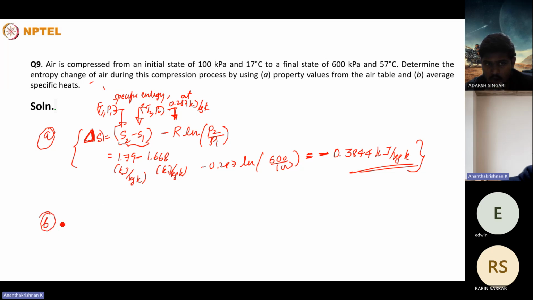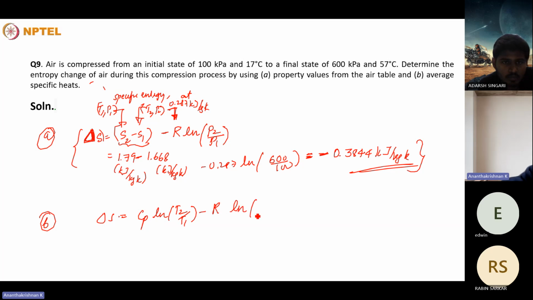This is using the property table straight away. Now, the other way you can calculate is using an average specific heat. If you do not have a property table with you, you can calculate an approximate value of delta S as Cp ln of T2 by T1 minus R ln of P2 by P1.